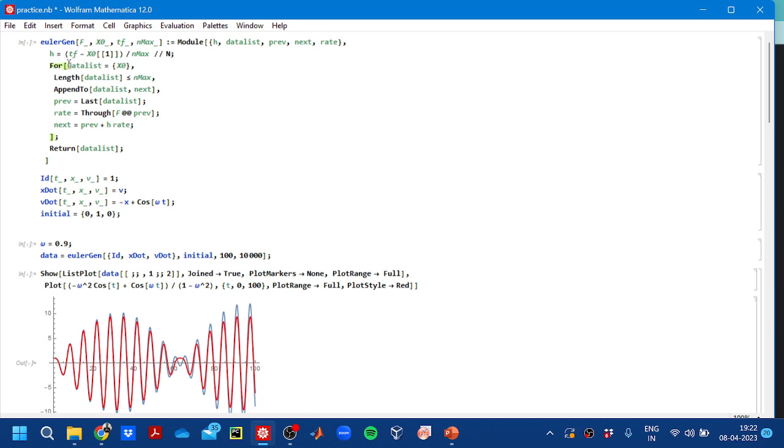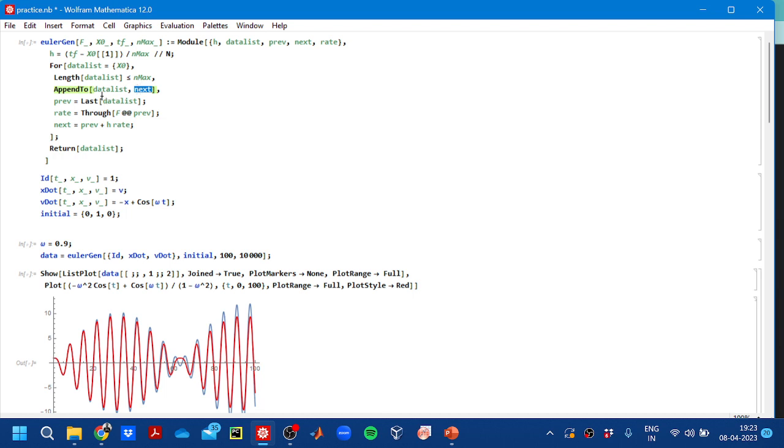So this is our array, this data list, and in this array we will insert the values at different times. How can we insert this? We can insert this with the help of the append command. Whatever the value of next is, it will append to the data list.